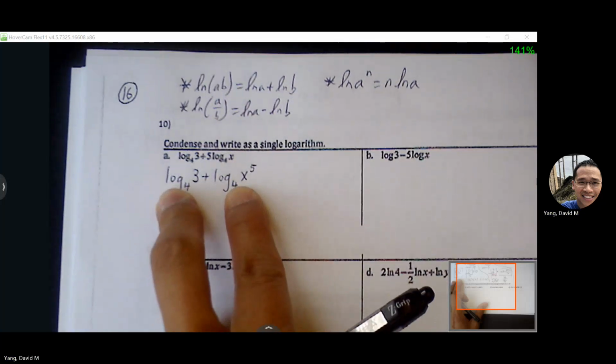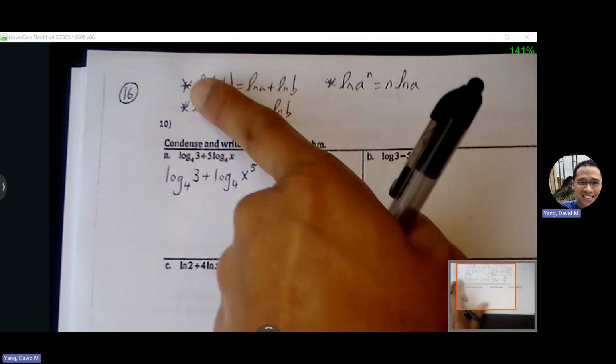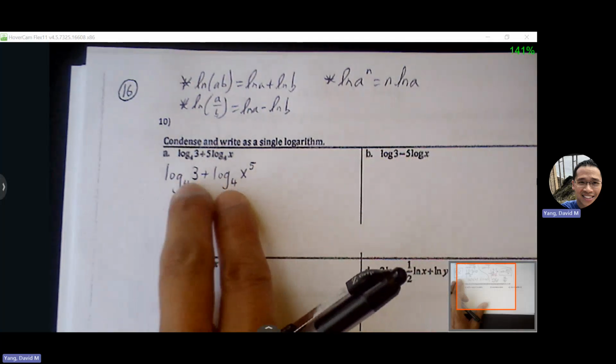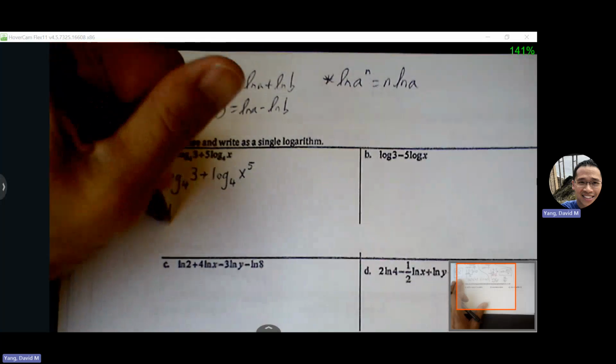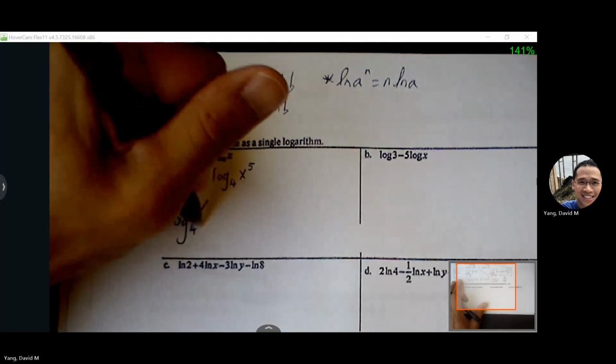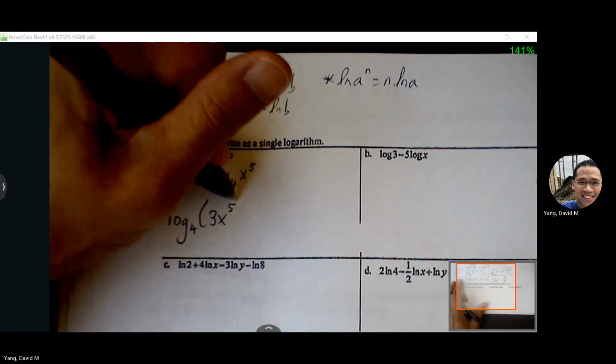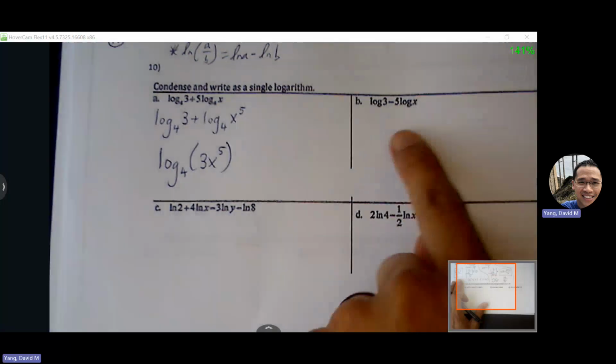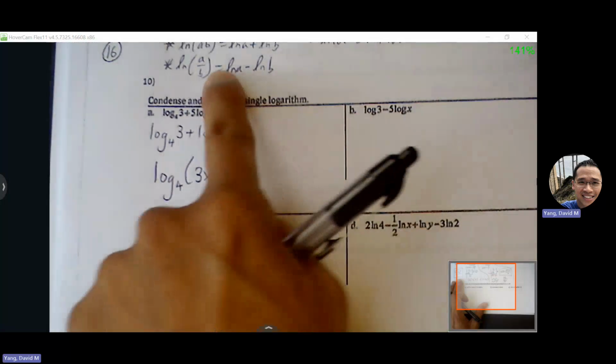So we're going to basically start on the right side and move to the left. So log base 4 of A plus log base 4 of B equals log base 4 of A times B. So this becomes log base 4, 3x. If I see a minus sign in between, then I'm just going to do quotient property.